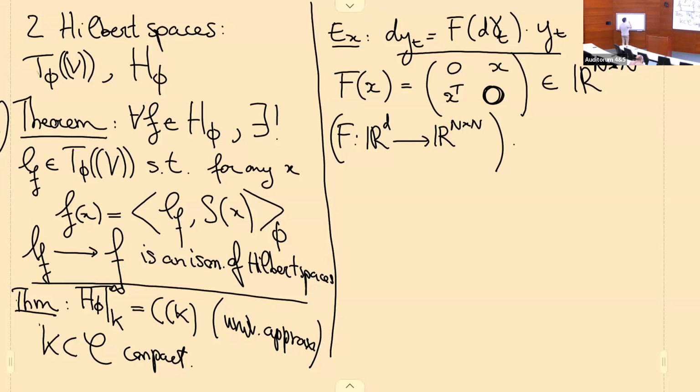Then you can solve this differential equation between 0 and 1, and evaluate the solution matrix in one of the entries. So you can look at the map that sends the path γ to the solution of this differential equation at 1. This is a matrix, and I select the last entry, the NN entry.